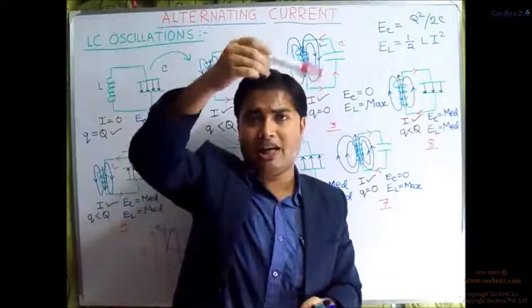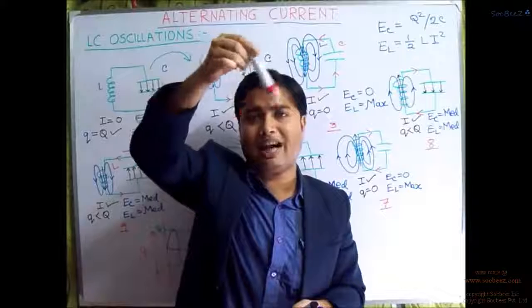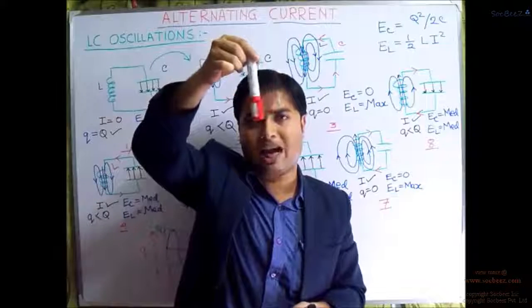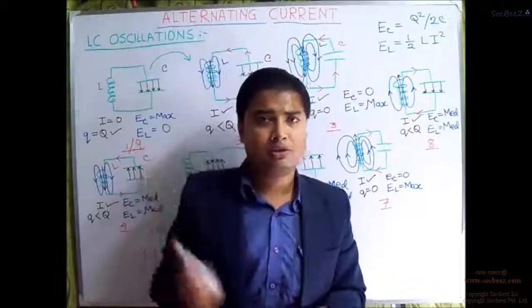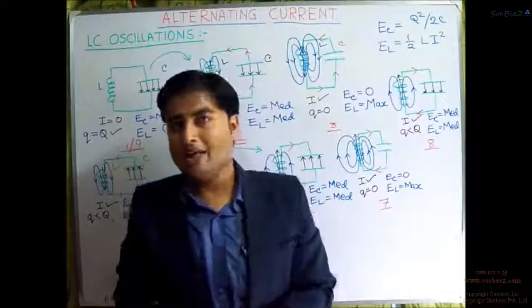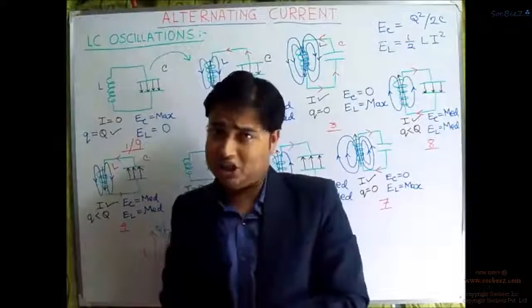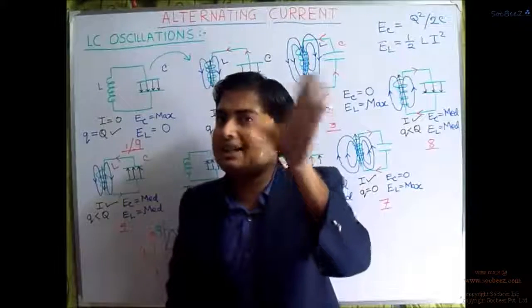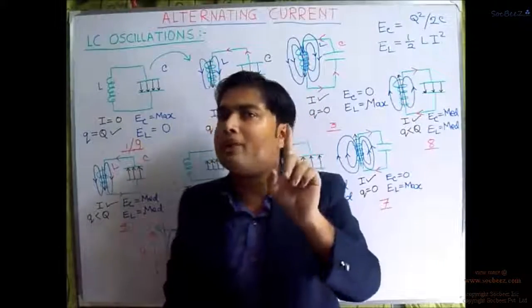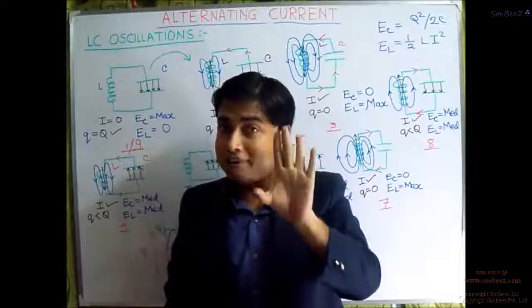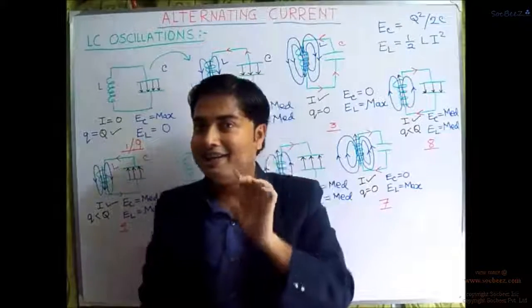So after a certain point of time, you will see that the amplitude is decreasing and finally it will come to rest. Likewise, in every LC oscillation, there is negligible resistance, but negligible resistance does not mean zero resistance.